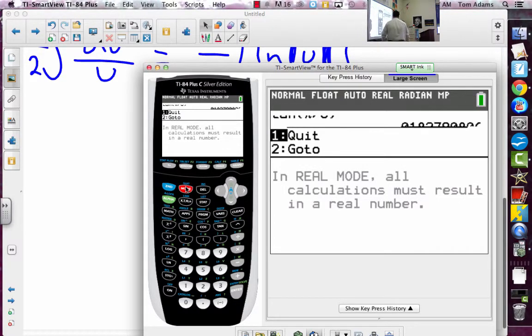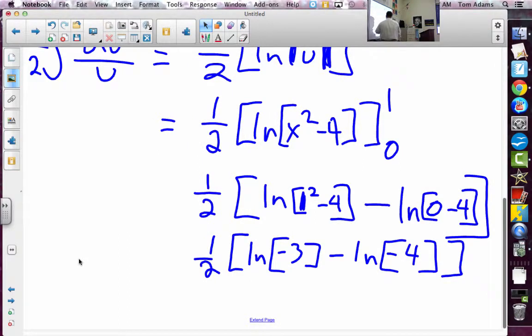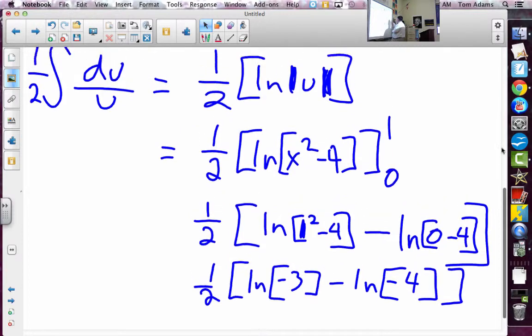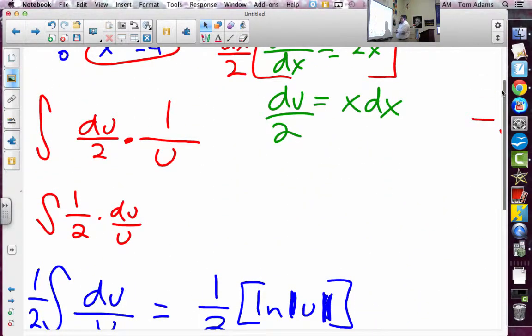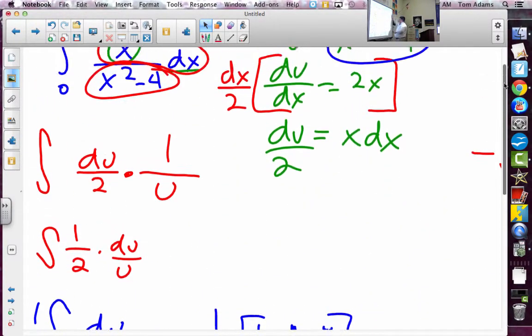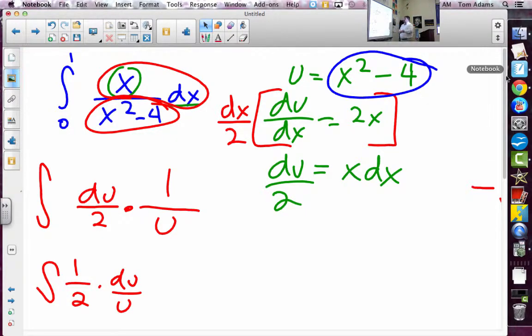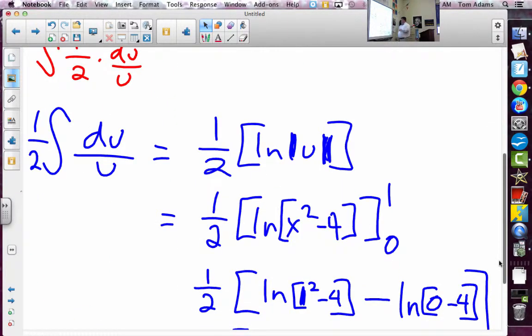The reason that you get that is because you cannot take the natural log of a negative number. It's not in the domain. So then we start to run into a problem. Well, the problem is that I made a simple mistake. It's supposed to be the absolute value.